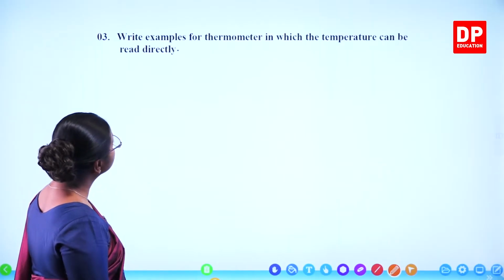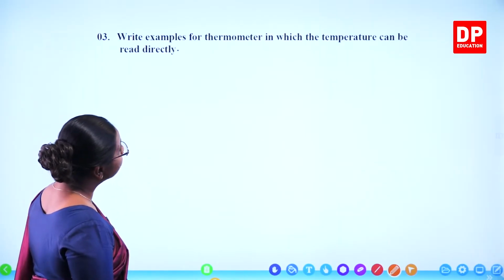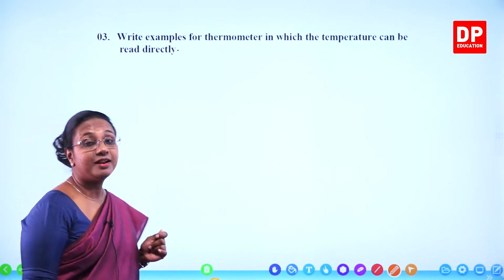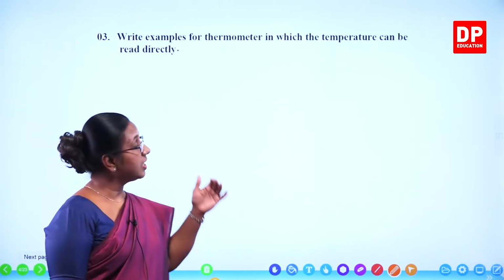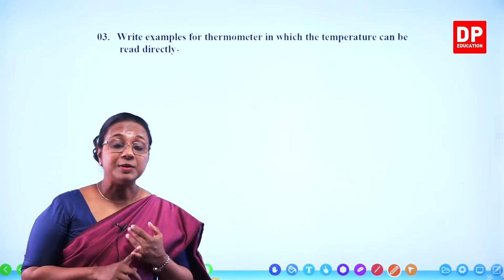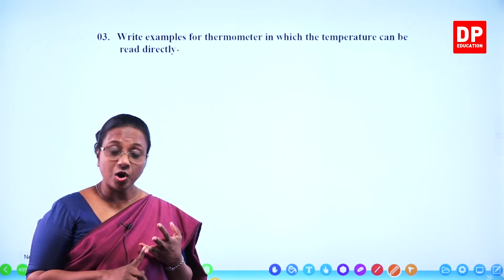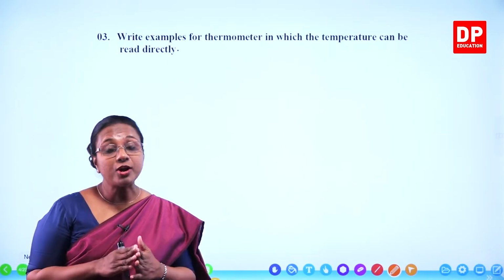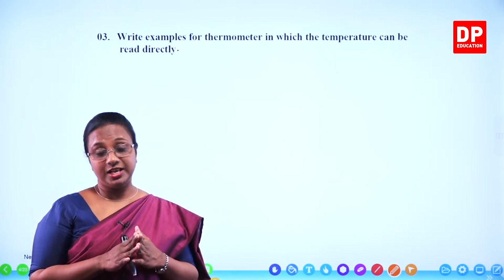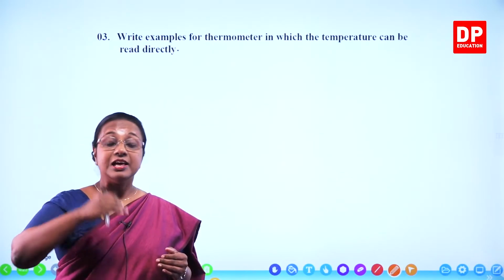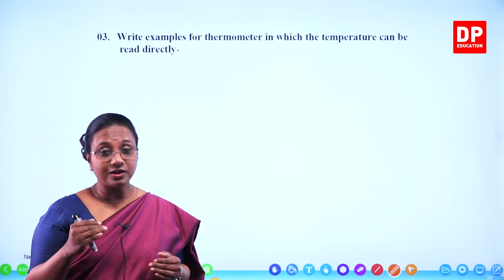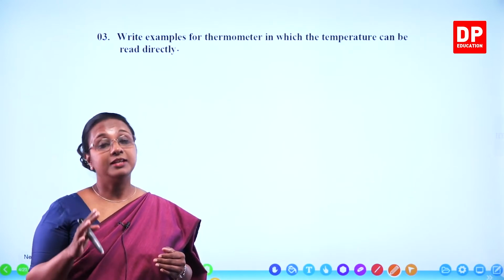Write examples for thermometer in which the temperature can be read directly. So you're familiar with the different types of thermometers. Now all these, the glass mercury thermometer, glass alcohol thermometer, you cannot get the direct temperature reading. You have to look at the scale, rise in mercury or rise in alcohol, you have to read the temperature.